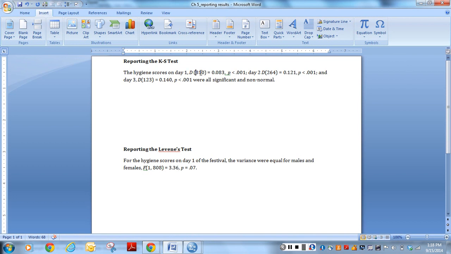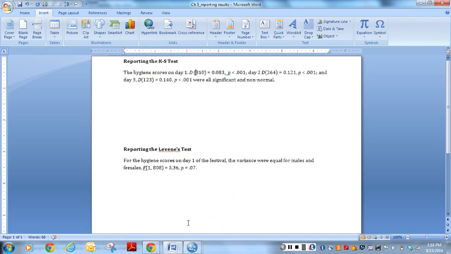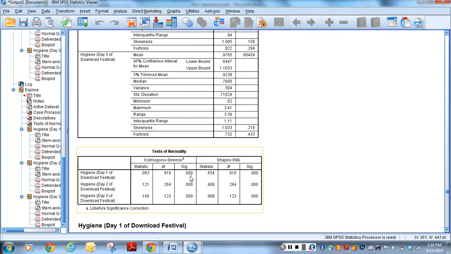So D, our sample size, equals 0.083, which would be our test statistic, with a p-value of less than 0.001. So yes, our significance shows 0.000, but if you look at journals, APA usually indicates if it's 0.000, it's very commonly written as less than 0.001. So that's why I indicated it that way.